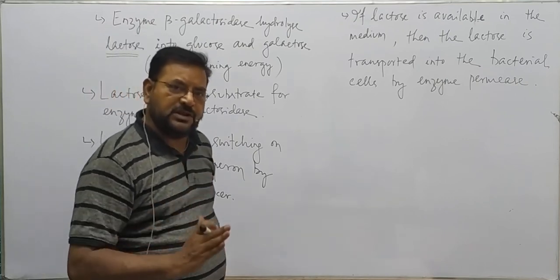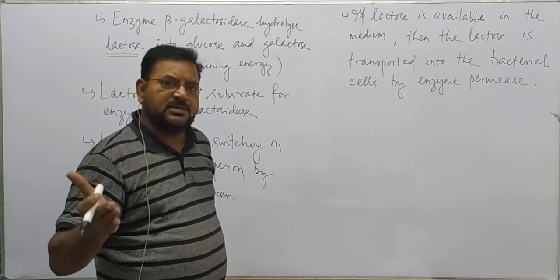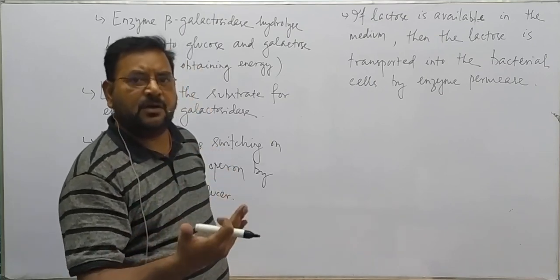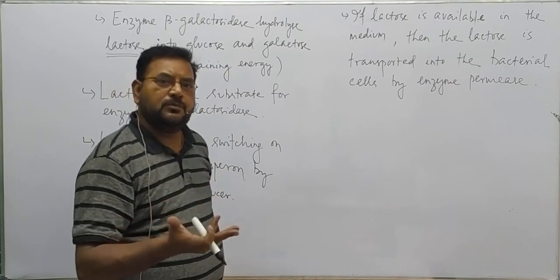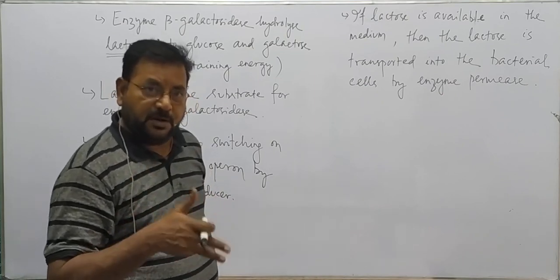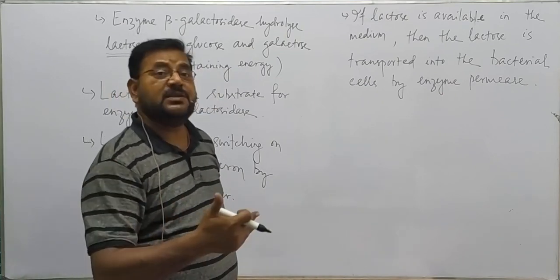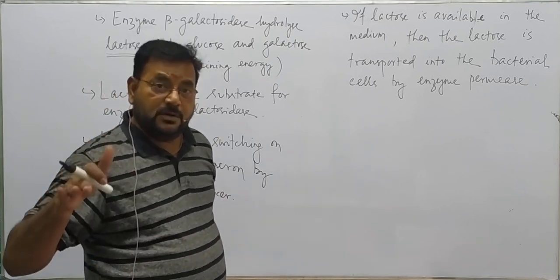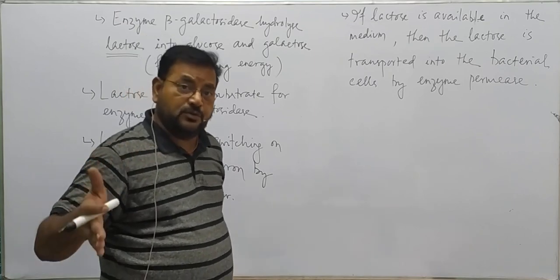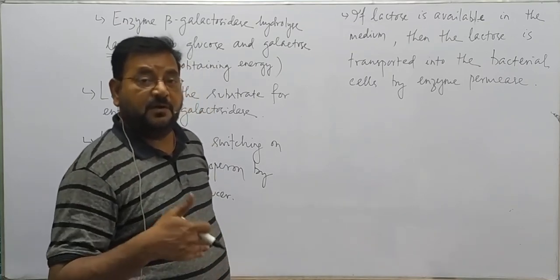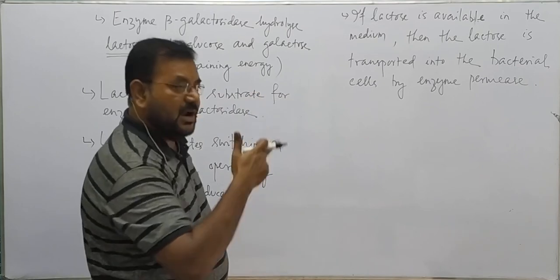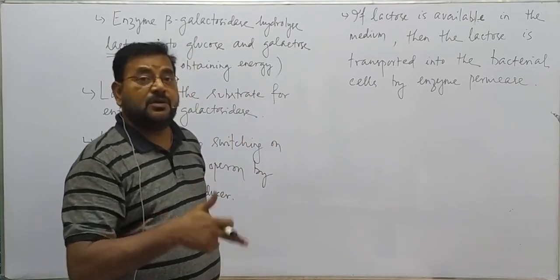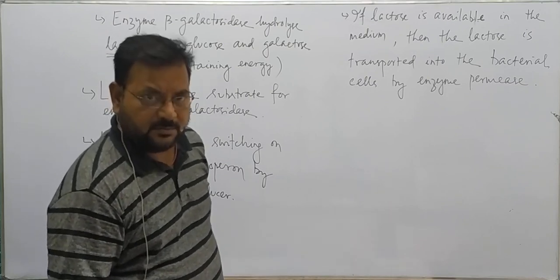Now the question is, unless lactose enters the bacterial cell, the operon will not work. But for lactose to enter the bacterial cell, the permease is required, and the permease will not be produced unless the operon works.